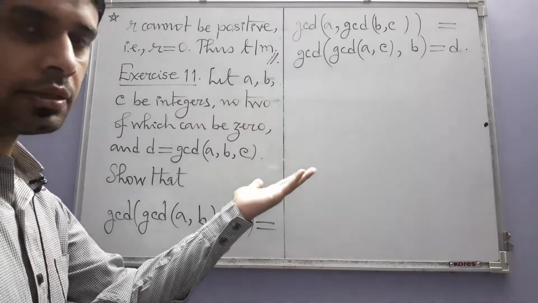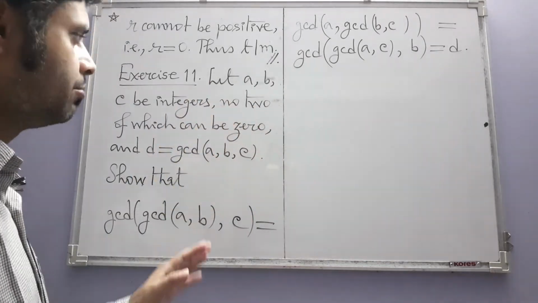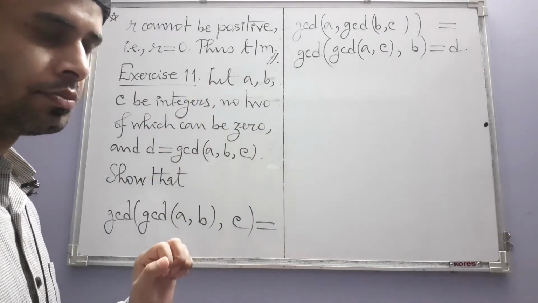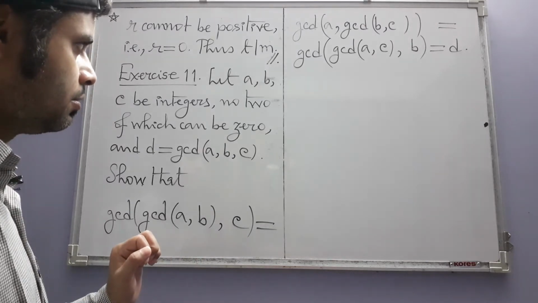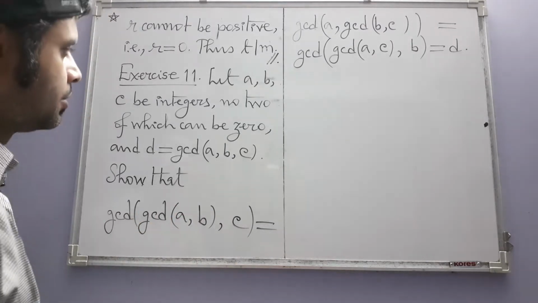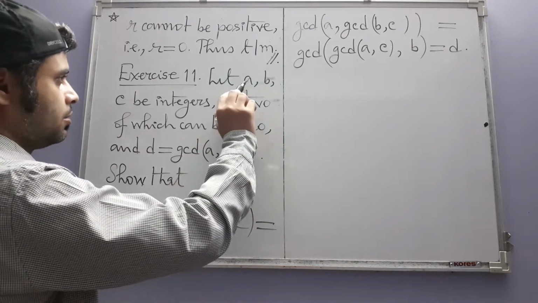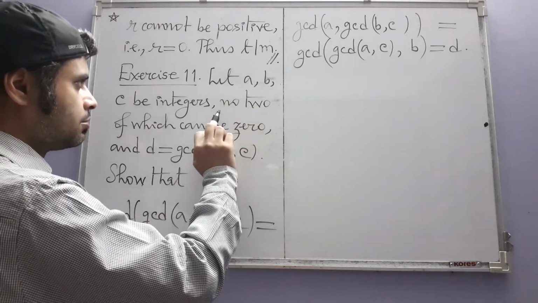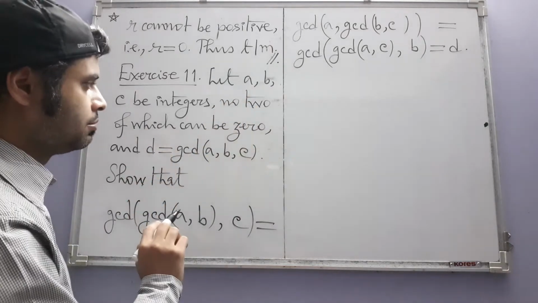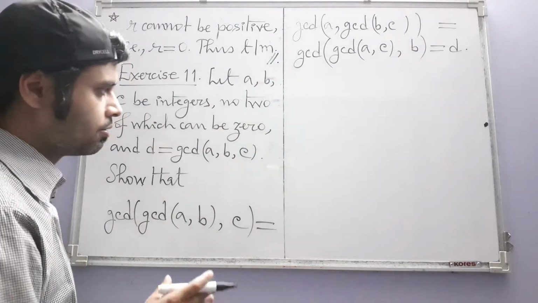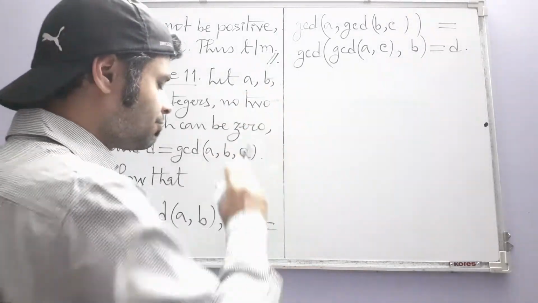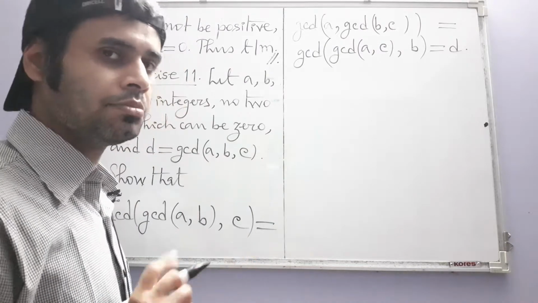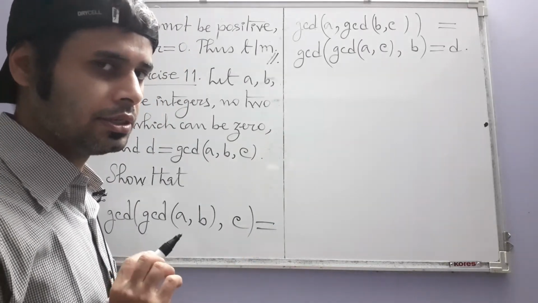We are given 3 integers, no two of which can be 0. That means you cannot have any two of them simultaneously 0, and because of that all of them also cannot be 0, but one of them can be 0. Okay, so that possibility is there.